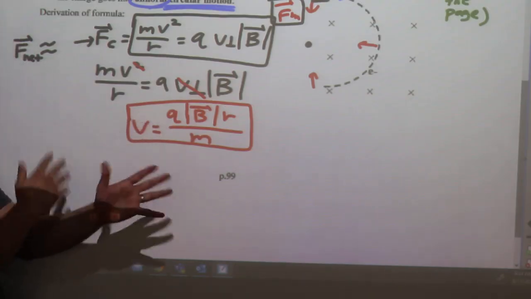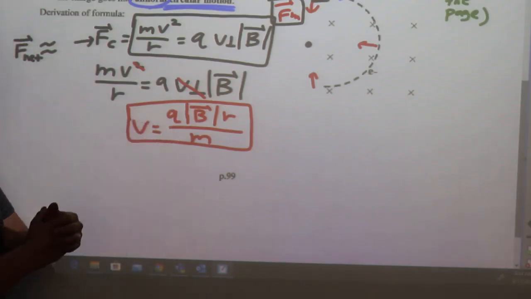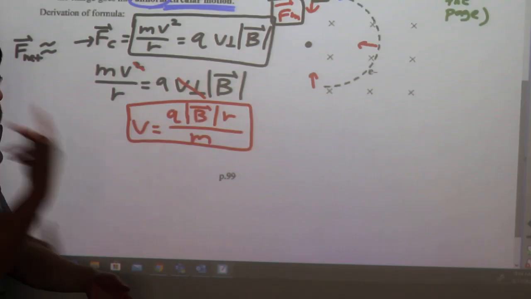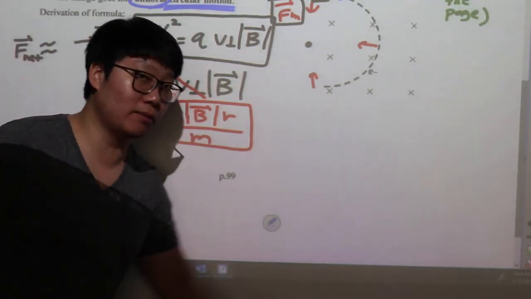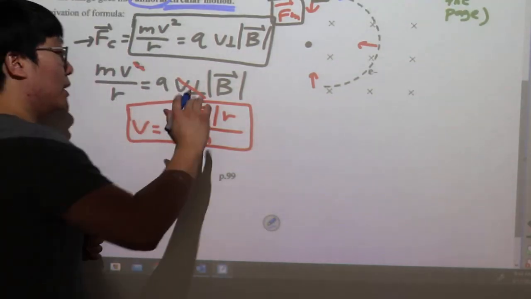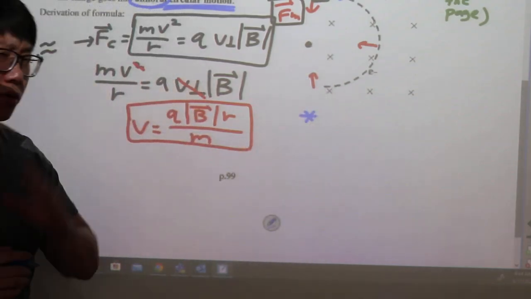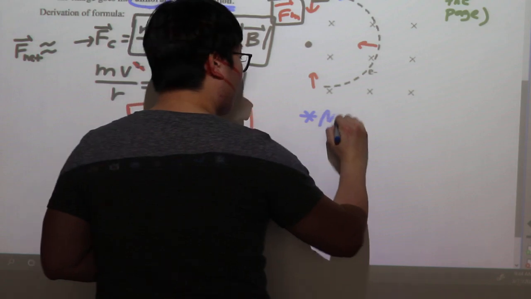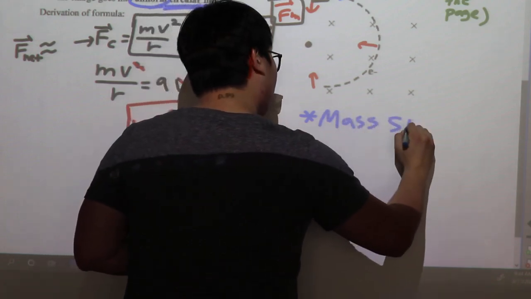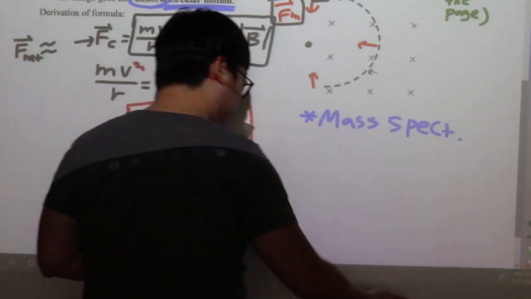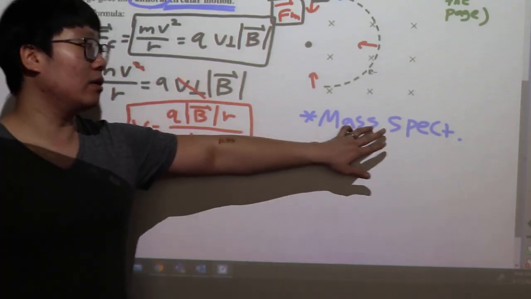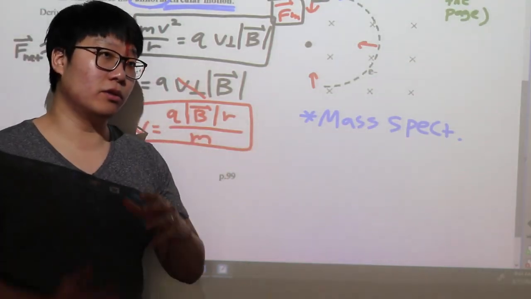And of course, depending on diploma questions, it can be the radius you need to find, it can be Q, it can be the magnetic field that you need to set up the machine, something like that. This concept is basically used a lot in the mass spectrometer. And that part, we're going to deal with more when we approach Unit D.